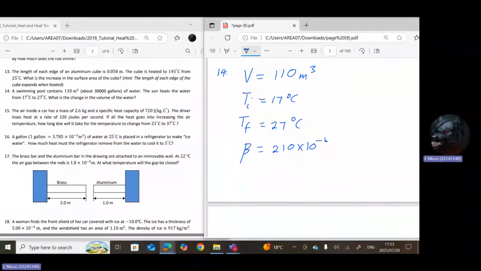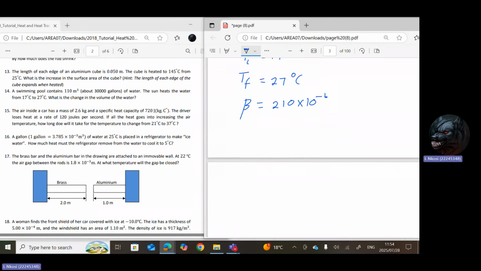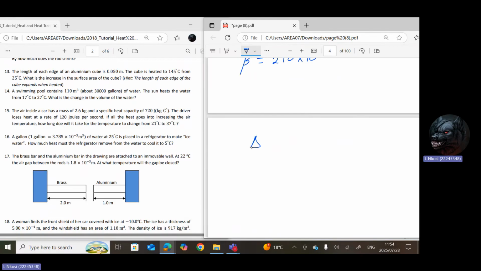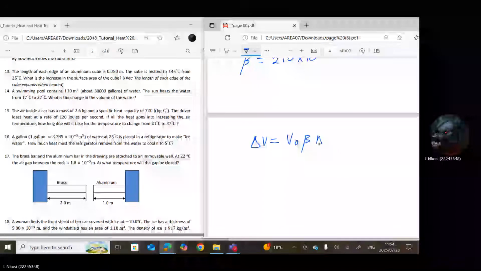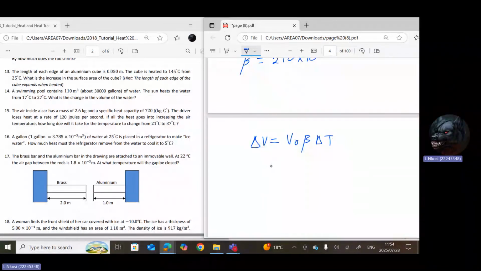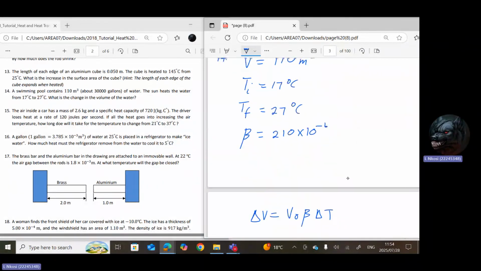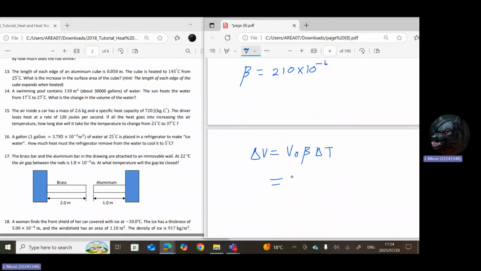Yeah, so for water the alpha is not needed, because we use beta, the volume expansion coefficient. So to find the change in volume, the original volume was 110. Beta is 210 times 10 to the minus 6 for water.